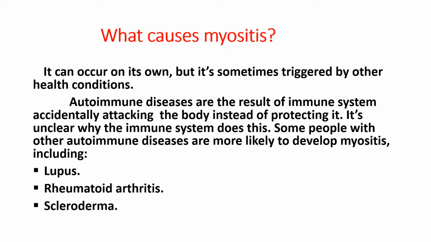Some people with autoimmune diseases are more likely to develop myositis, for example systemic lupus erythematosus. People who already have any type of autoimmune disease, very often they will be affected with myositis, that is with lupus or rheumatoid arthritis or scleroderma.